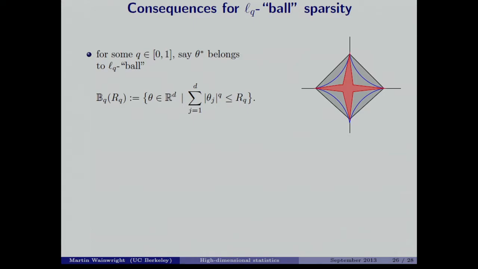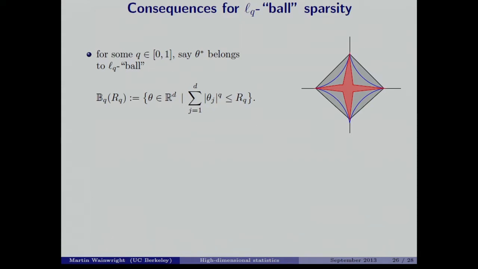The way it works is we have a parameter Q between 0 and 1, and we essentially take the sum of the absolute values to the qth power. When Q is 1, this is just the L1 norm. That is a convex set. It is a ball. And the L1 norm is in some sense a weak notion of sparsity. If you have low L1 norm, you're not exactly sparse, but somehow you're weakly sparse.